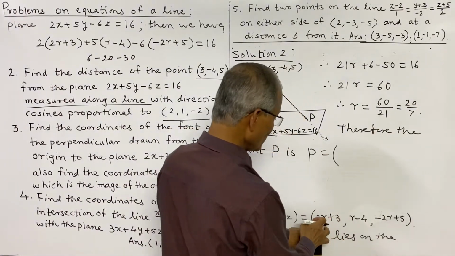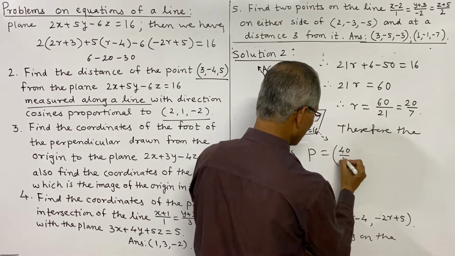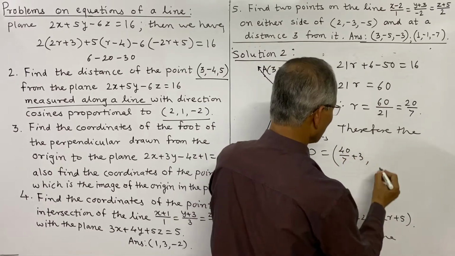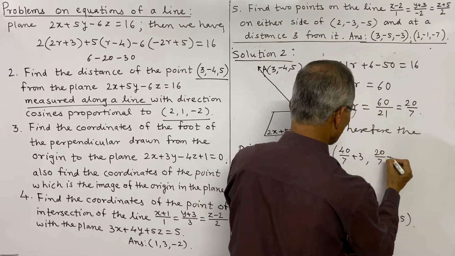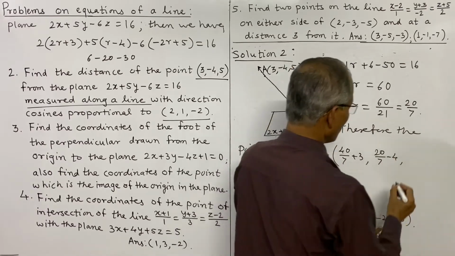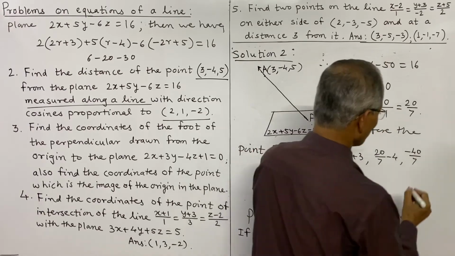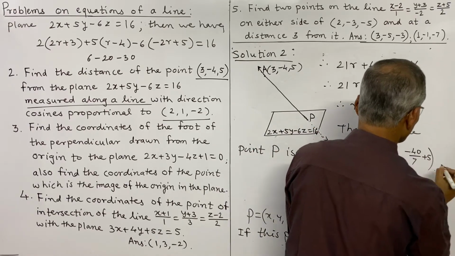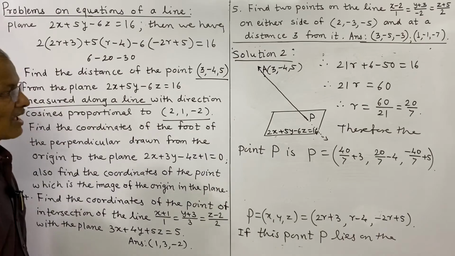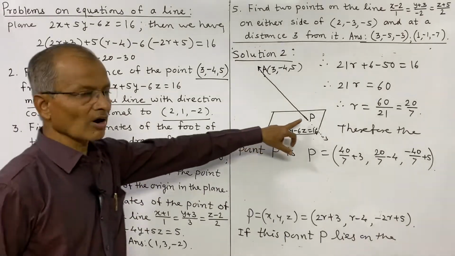So it is 2 into 20, that is 40 by 7 plus 3, then 20 by 7 minus 4, and minus 40 by 7 plus 5. This is the point P. So thus we obtain the coordinates of the point P.